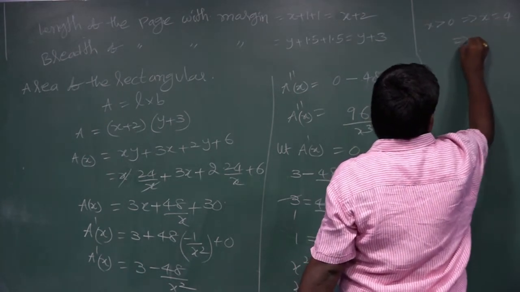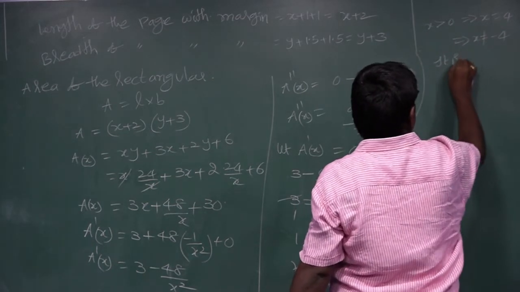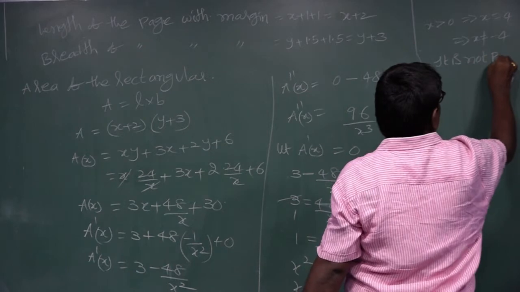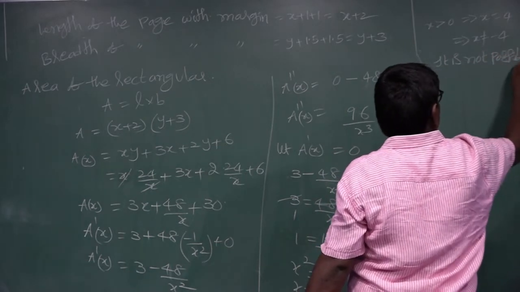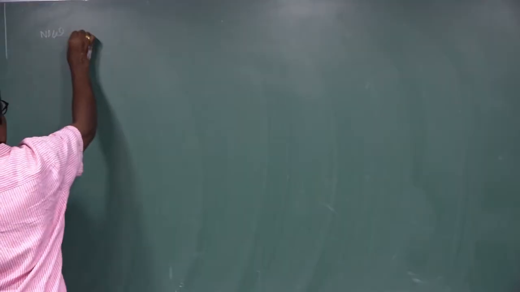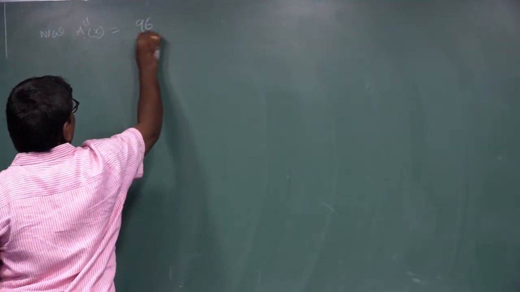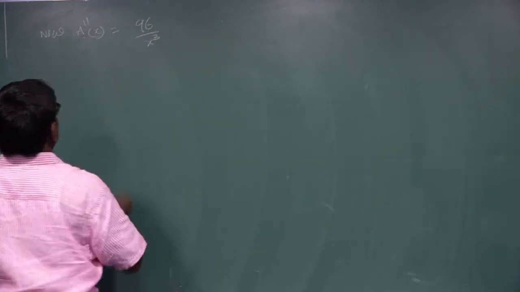Otherwise, x equal to minus 4 is not possible. A double dash x equal to 96 by x cube.